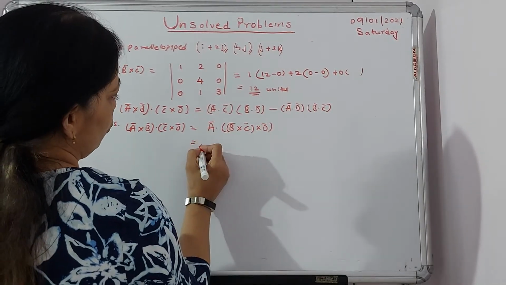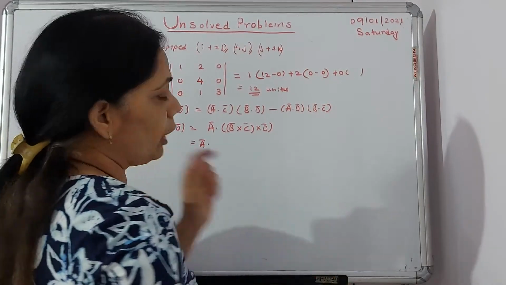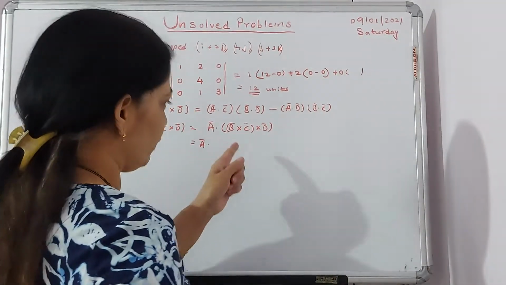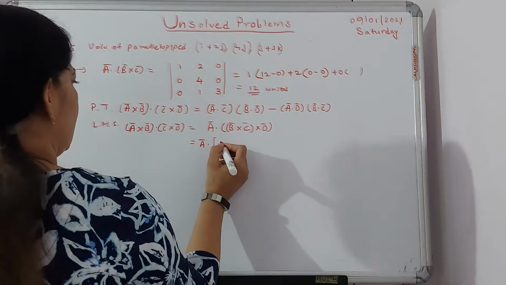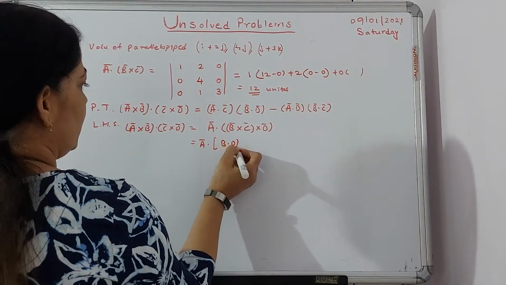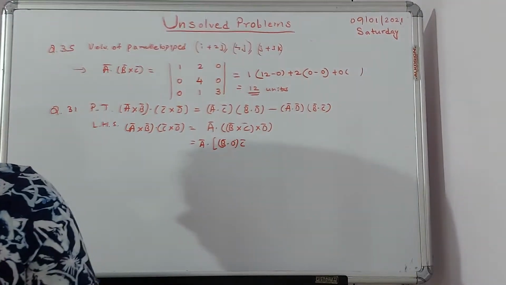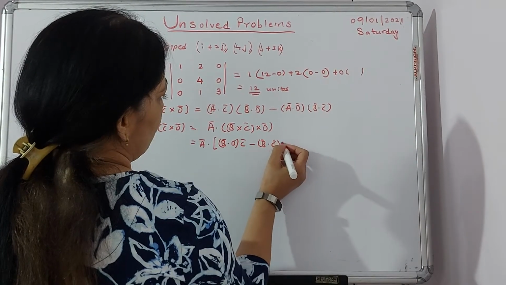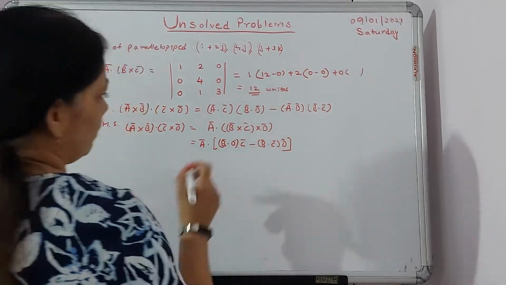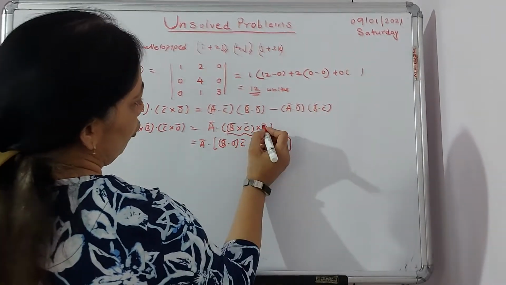That formula is what I used earlier for A cross B cross C. We'll convert that for B cross C cross D. So this will be nothing but B dot D outside the bracket C minus B dot C outside the bracket D. This is the formula for B cross C cross D.